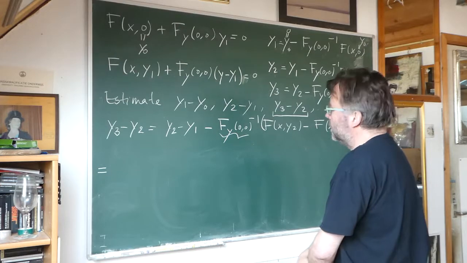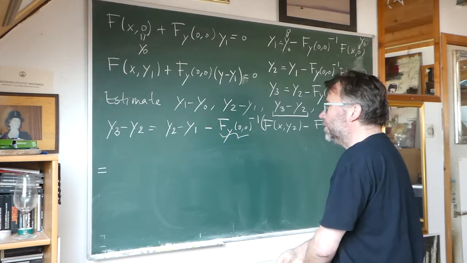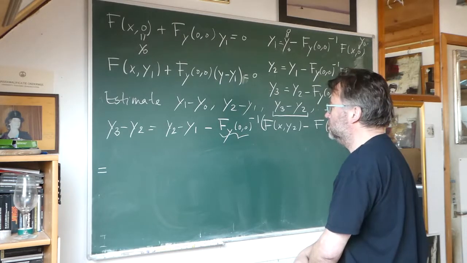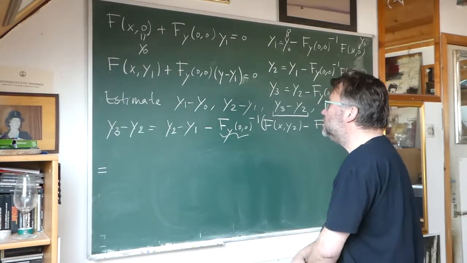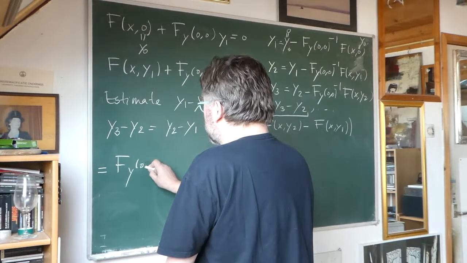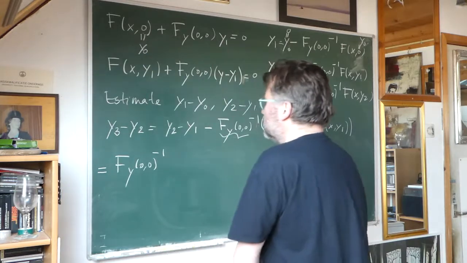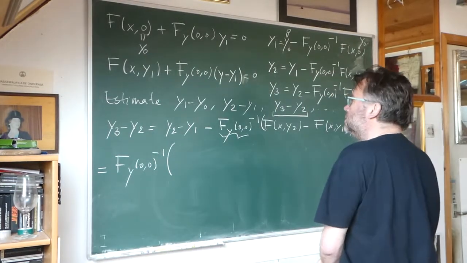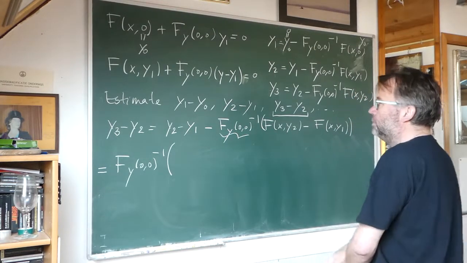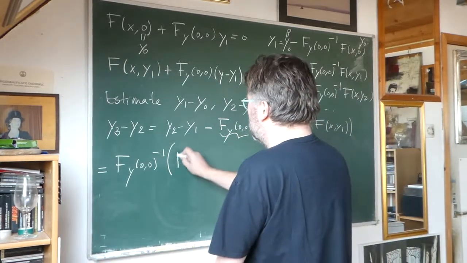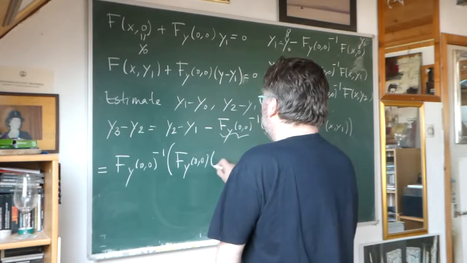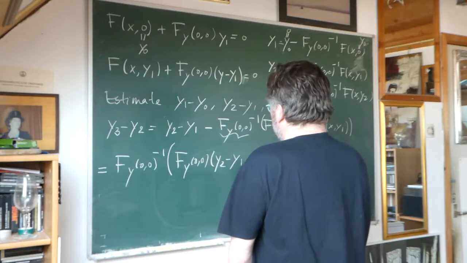The trick is that you take this outside: the inverse, then large opening brackets, the f minus f is going to be here, and there was nothing there, so I put y2 minus y1.